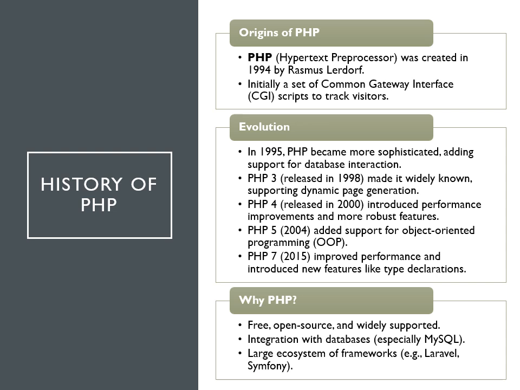Now let's look at the evolution of PHP. You can't discuss history without evolution, chronologically, over time. How does it transform? In 1995, PHP became more sophisticated, with added support for database interaction. In 1998, another version, PHP 3, was released.